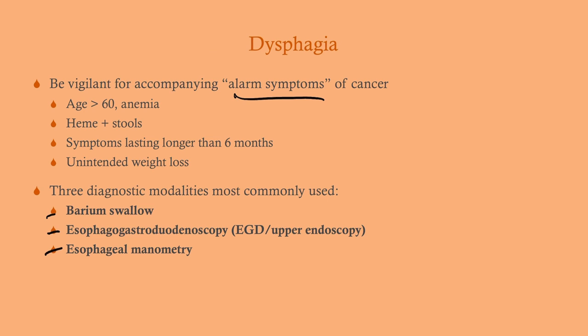And then there's the esophageal manometry, and that's something that we do to really look at motility. So you're going to see that with esophageal spasm. You're going to see that with achalasia. So if a patient has difficulty swallowing both liquids and solids, then you may think about getting a manometry.